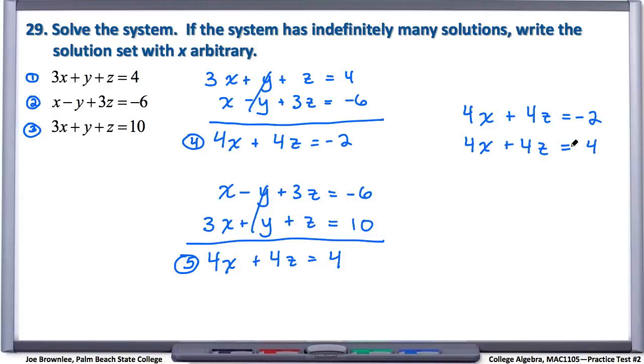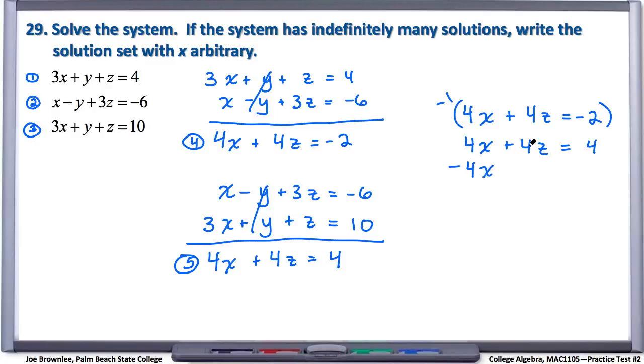All right, so there's equation 5. And again, we can choose to eliminate either the x or the z. It doesn't really matter. Let's try to get rid of the x. So if we have a positive 4x here and a positive 4x here, we can multiply the top equation by -1. And what that'll do is give us -1 times 4x is -4x.